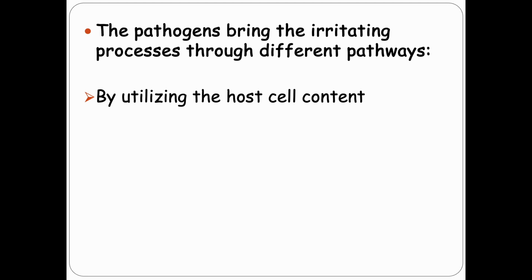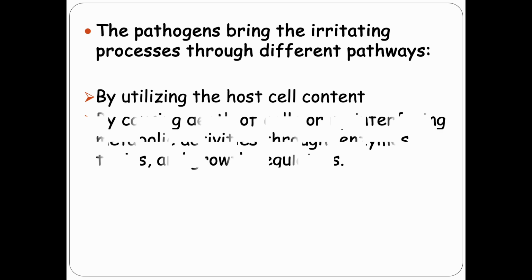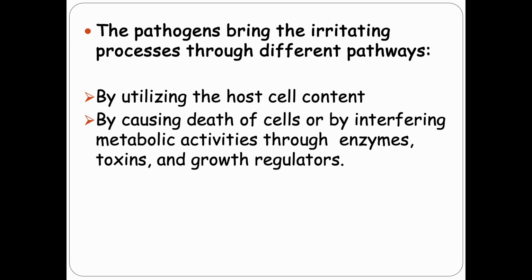When a virulent pathogen attacks a susceptible host, that is our agricultural crop, they always try to reach the cell and then the cell content, because the cell content acts as a main source of nutrition, and these nutrients are required for the growth and development of the pathogen, followed by causing death of the cells or by interfering with metabolic activities through enzymes, toxins and growth regulators.